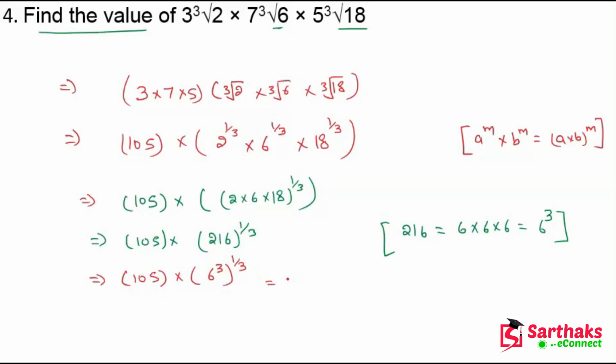So this will become 105 into 6 raised to power 3 into 1 upon 3, and we can cancel this 3 and this 3. So we get 105 into 6 into 6, and if you multiply this we get 630. This is the answer. I hope you understand how to deal with these types of problems.